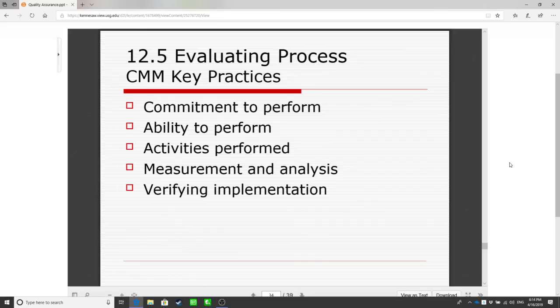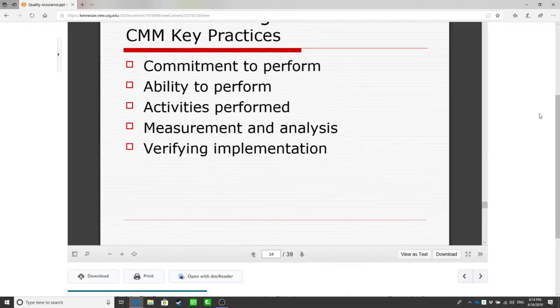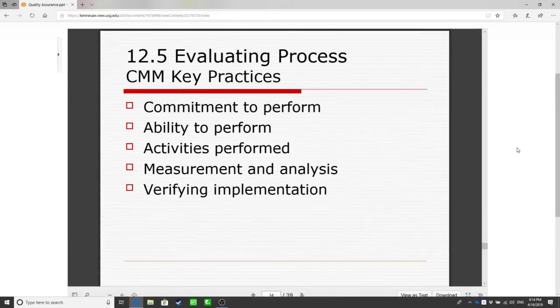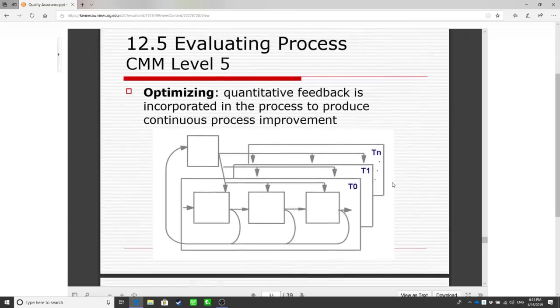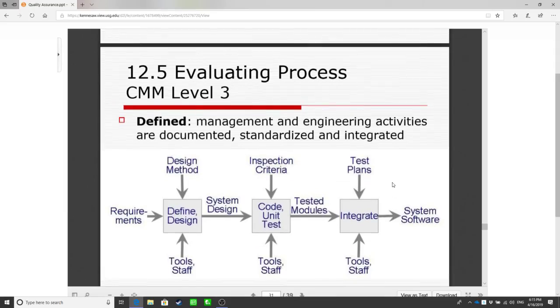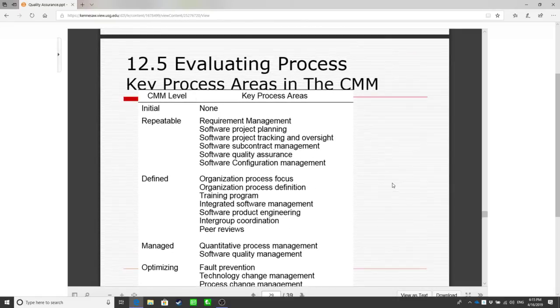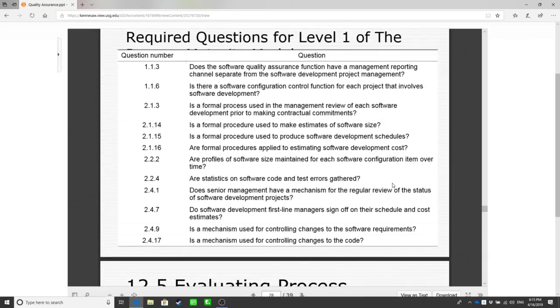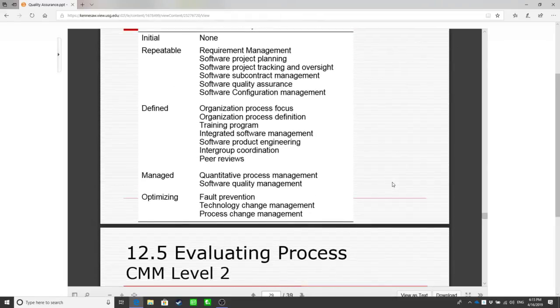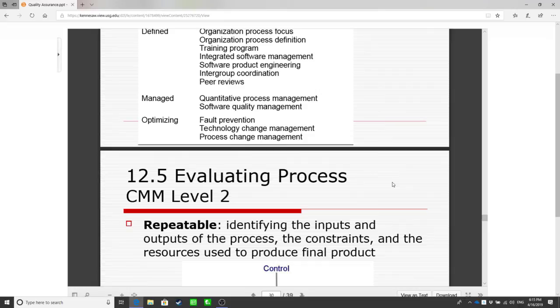There are also key practices of CMM: commitment to perform, ability to perform, activity to perform, measurement, verifying, implementation. The important thing is to remember these levels and how they get improved from 1 to 5. That's the most important thing to remember from today's class.